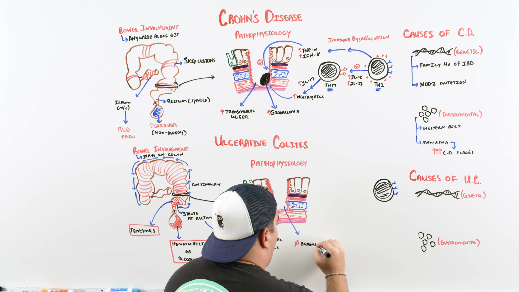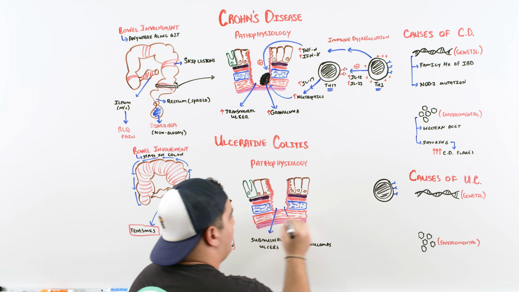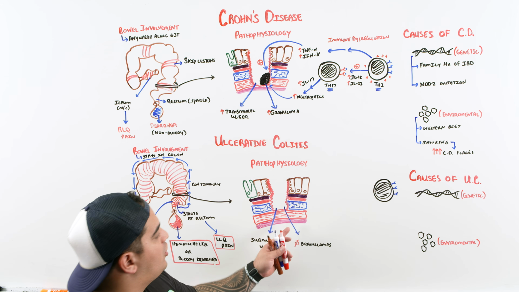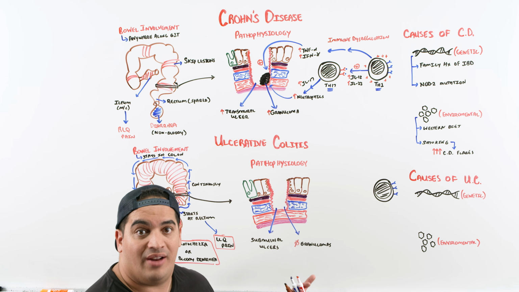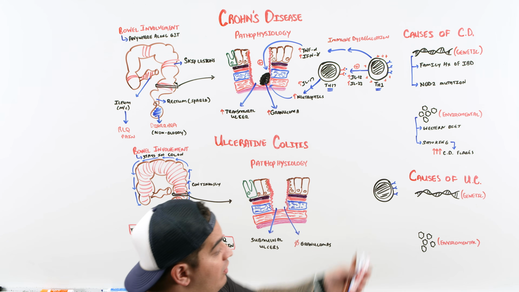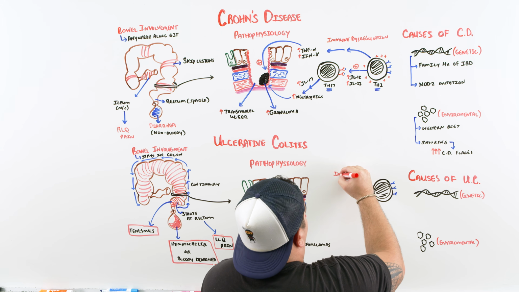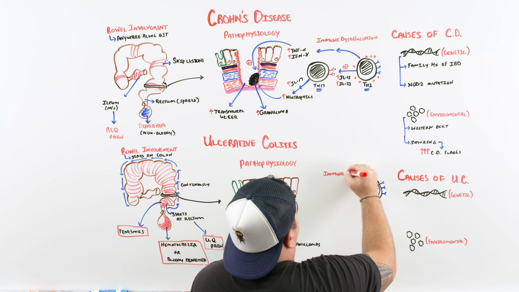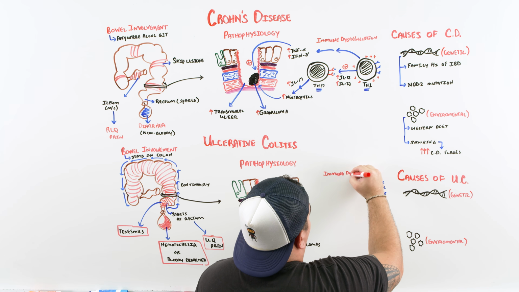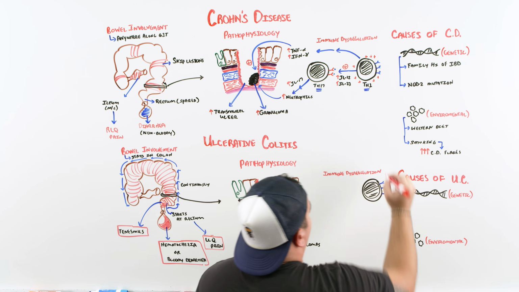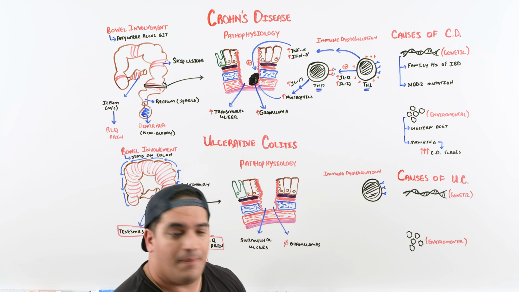The question then arises, if there are no amounts of T cells and lymphocytes that are really aggregating in this area, what's triggering a lot of this ulceration and inflammation? It's immune dysregulation. It's the same concept that we've talked about above. The thing is with ulcerative colitis, it's a different set of cells, but for the most part, somewhat similar cytokines.